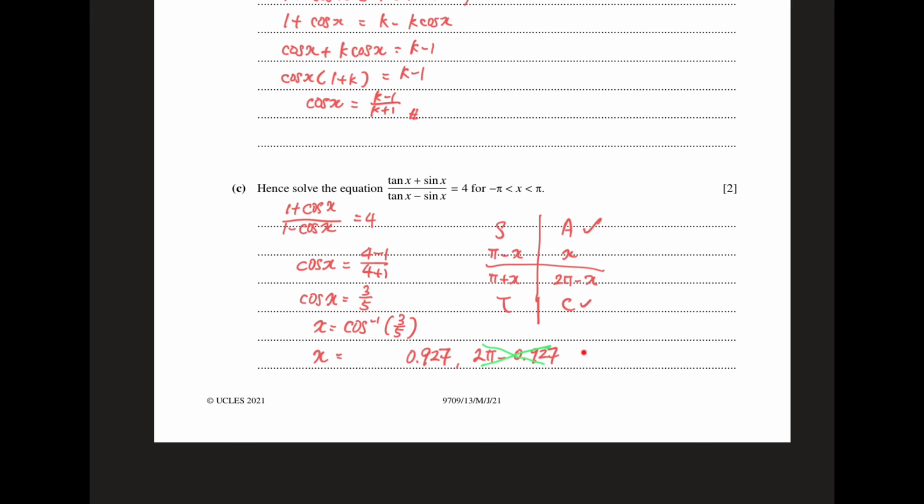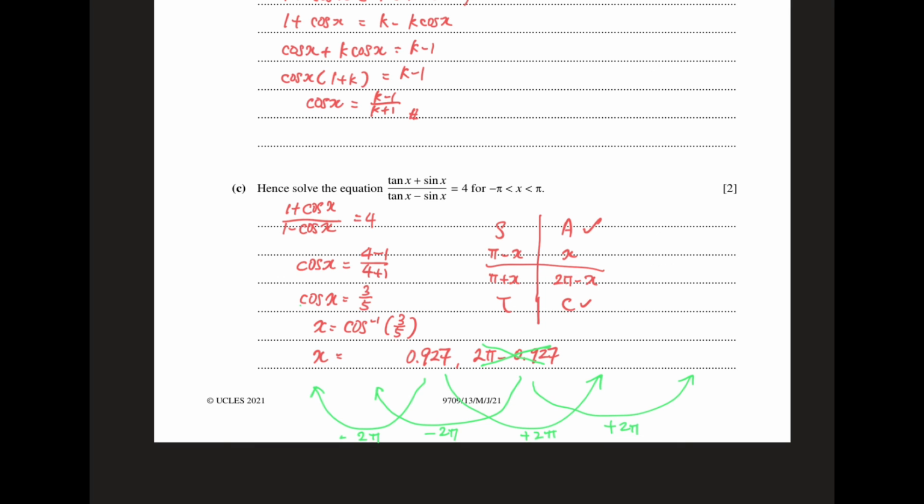If they want negative angles, you take your two basic answers here, you minus 2 pi. Which means you minus 2 pi if you want any negative answer, you plus 2 pi if you want more positive answers.